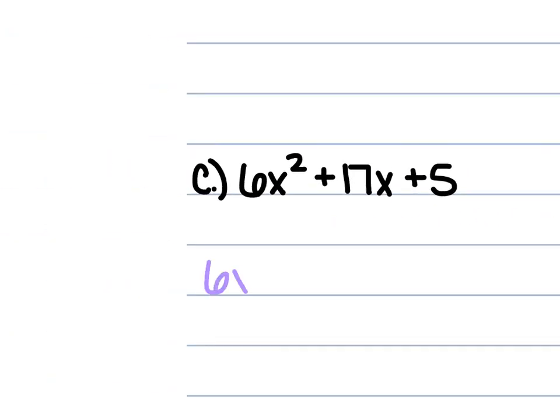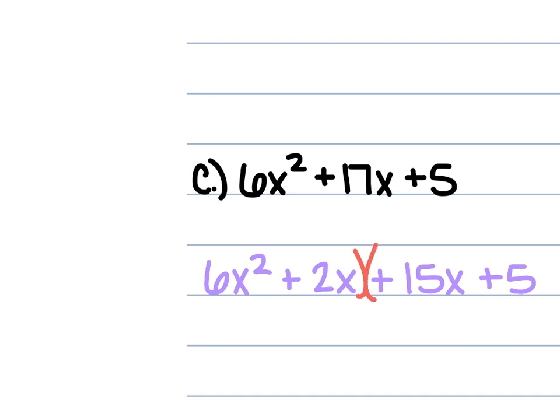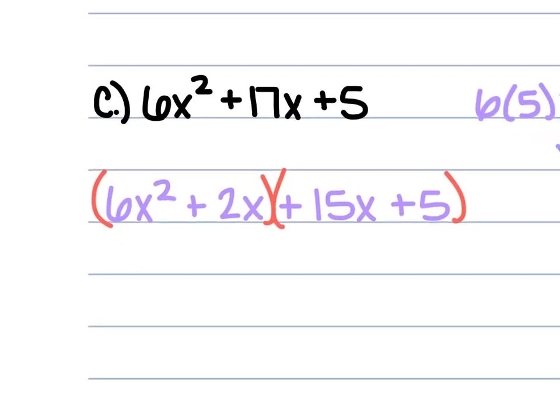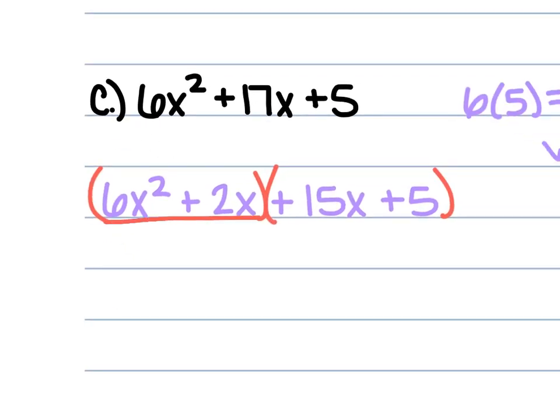So we're going to do 6x squared plus 2x plus 15x plus 5. Factor by grouping. The 6x squared plus 2x, we can factor out a 2x. The 15x plus 5, we can factor out a positive 5.